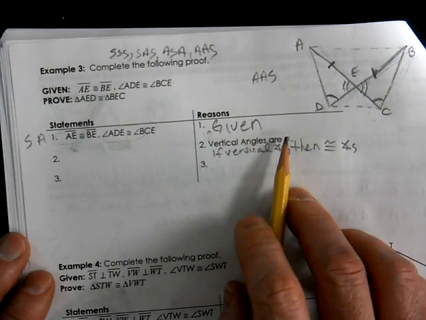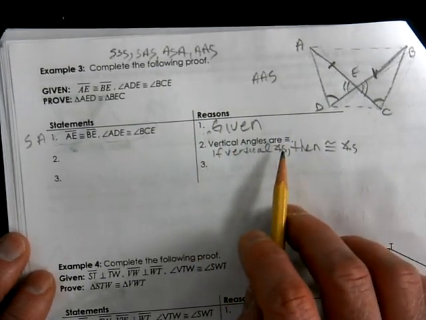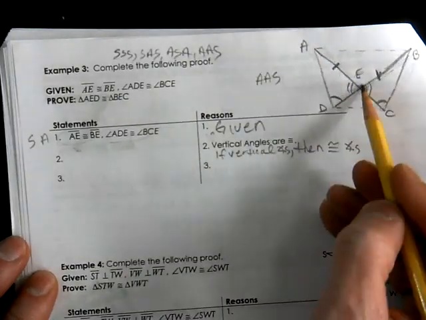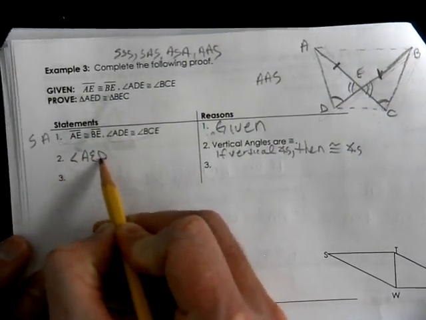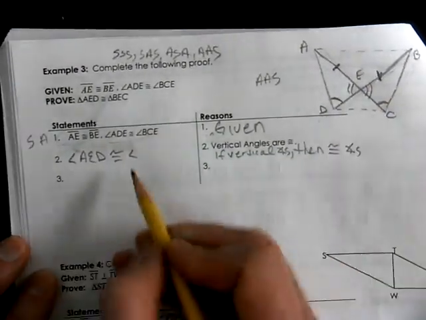I know that's pretty much what this says, but we like to write them in if-then form whenever possible. So we're talking about our vertical angles. Angle AED is congruent to angle BEC.